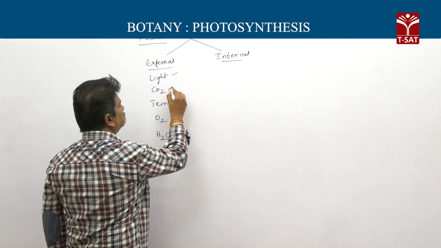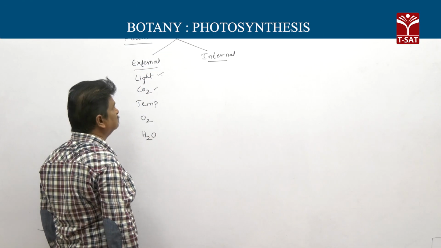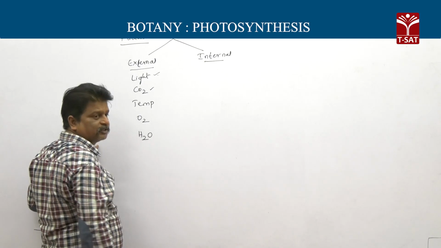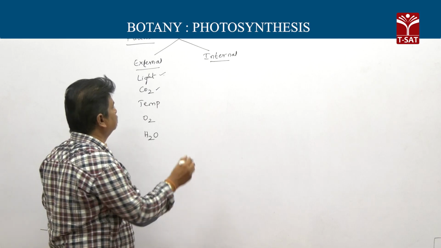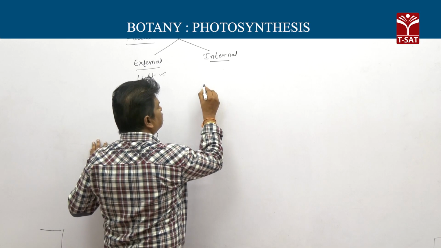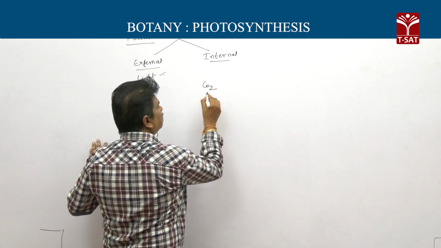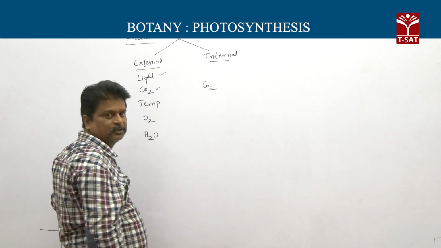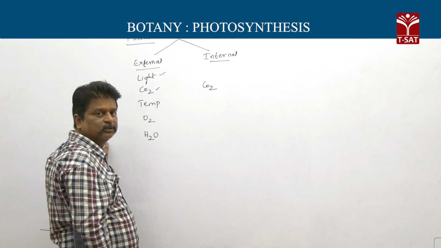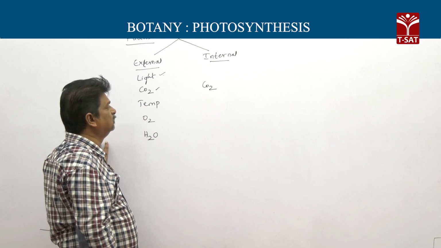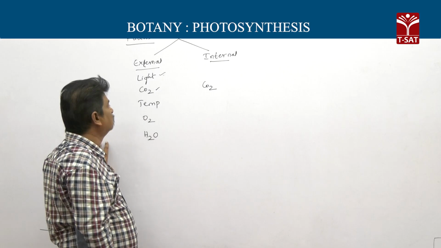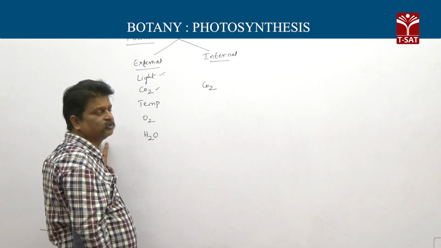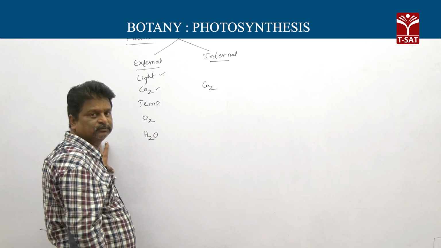The second one, carbon dioxide. Carbon dioxide also influences photosynthesis, and it is one of the raw materials for photosynthesis. In the dark reaction, carbon dioxide is reduced to carbohydrates. So, carbon dioxide is essential for photosynthesis.